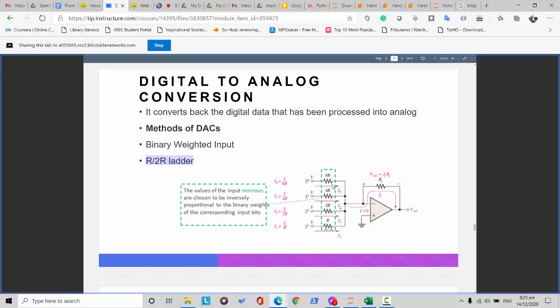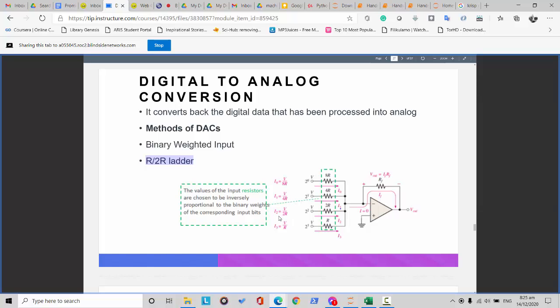Now, to compute the value of the current, we have the voltage over the R. So the current in this particular input is computed as the input voltage divided by 8R. And for the current I1, that is voltage over 4R.